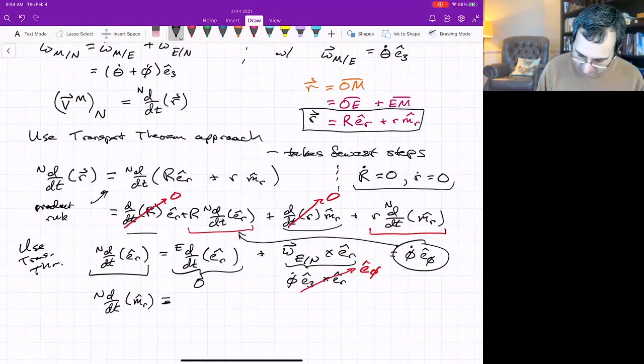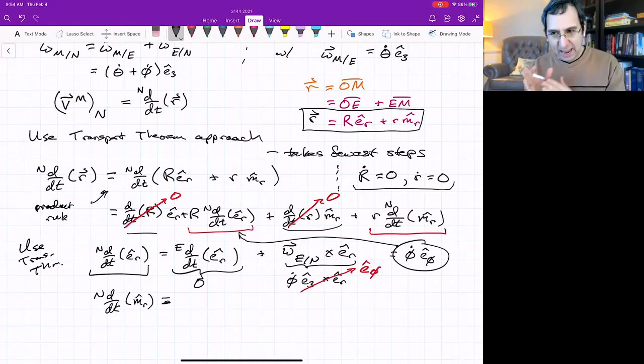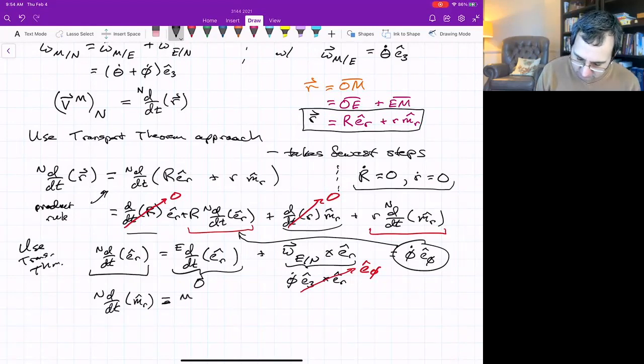So what about this? This is the inertial derivative with respect to the N frame of an M frame unit vector, which means the natural frame on the right-hand side would be the M frame. Like, hold on, M frame? I don't think we defined an M frame. Well, we do implicitly whenever we have a set of unit vectors.